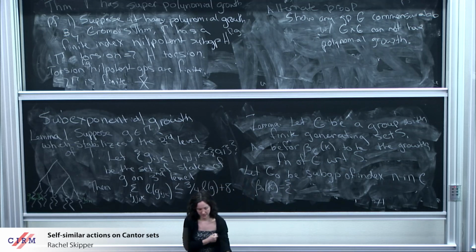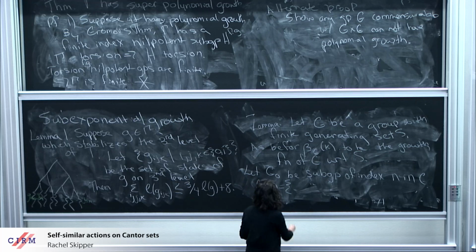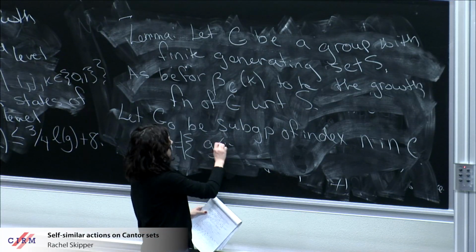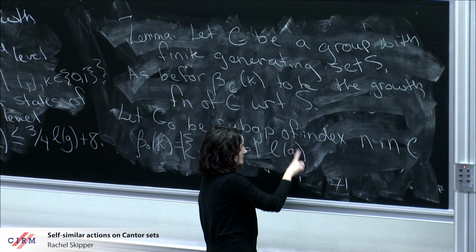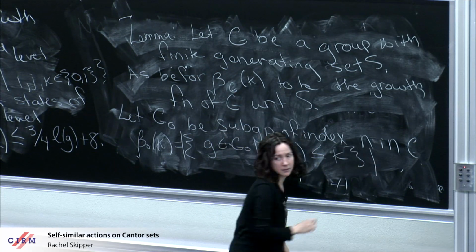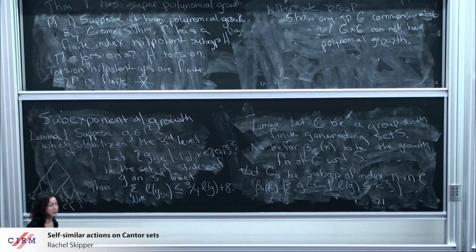What we're going to be doing here is just summing the elements in the finite index subgroup. So this is going to be the size of the set of elements g in G_0 such that the length of g with respect to the same generating set is less than or equal to k. So we're just taking the ball of radius k and intersecting it with the finite index subgroup. That's all this says right now.